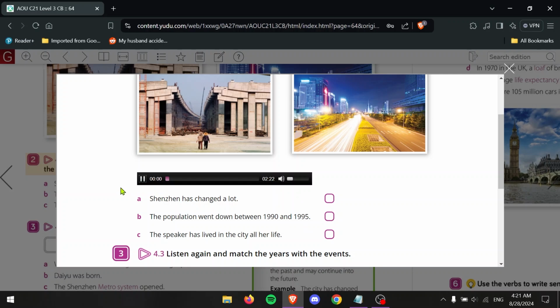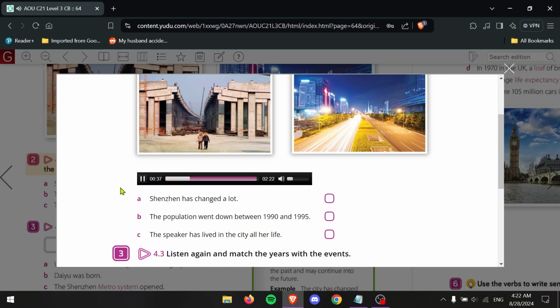Here we go. My name is Dai Yu. I was born in 1972 and I am from the city of Shenzhen in southern China. My city has changed so much in my lifetime. It's incredible. When I was a child, it was just a fishing village. But Shenzhen has become a very important world city. In 1980, the Chinese government made it a special economic zone, and it began to change very quickly. The population has grown so much.